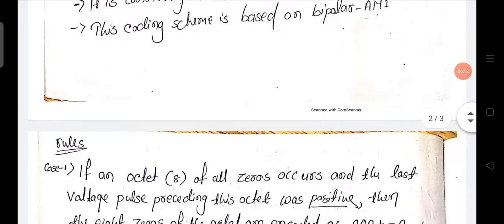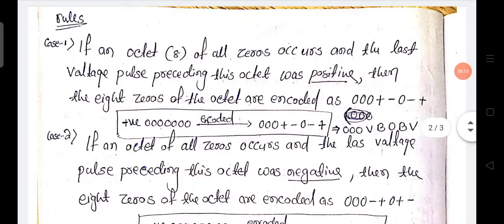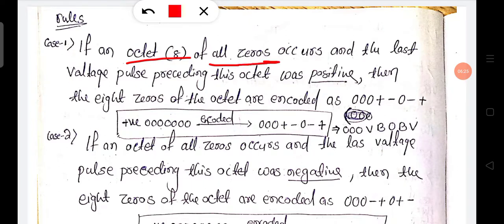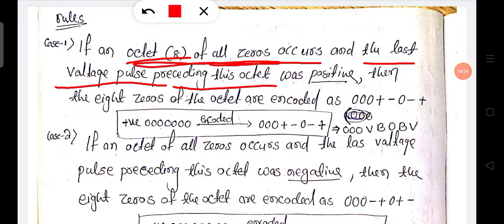The rule for B8ZS is: if an octet of all zeros, that means 8 consecutive zeros, occurs, and the last voltage pulse preceding the octet was positive, then these 8 zeros of the octet are encoded as 0 0 0 plus minus 0 minus plus.